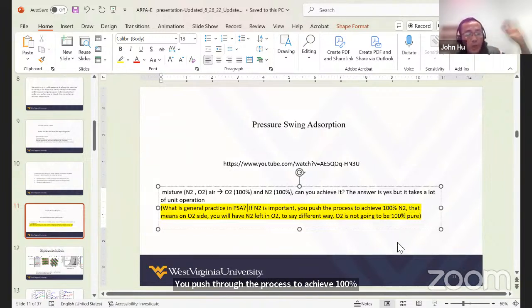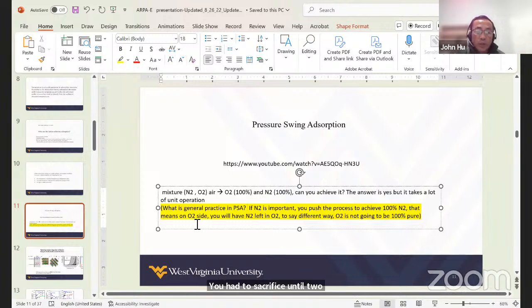That means on the nitrogen stream it's 100%, but you have to sacrifice and have N2 left over on the O2 side. That means on the O2 side, you will have N2 left. To say it a different way, O2 is not going to be 100% pure. It could be 90%, which is okay because your objective is N2. And vice versa. If you want O2 at 100%, that means on the N2 side you have oxygen left over. That's the general practice in pressure swing.